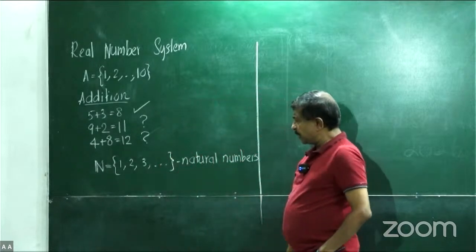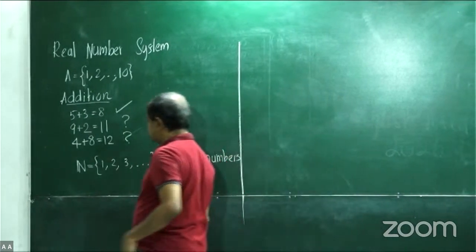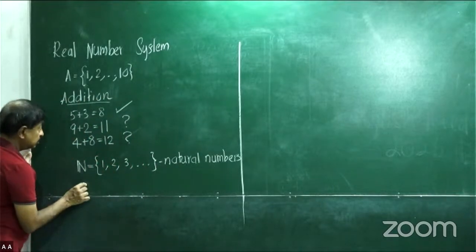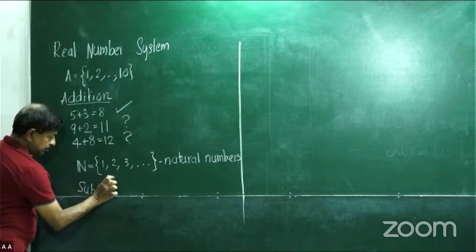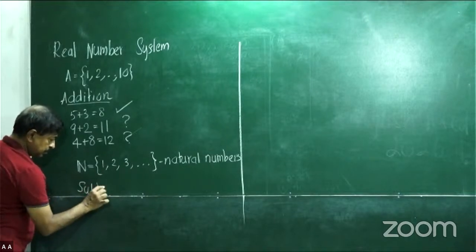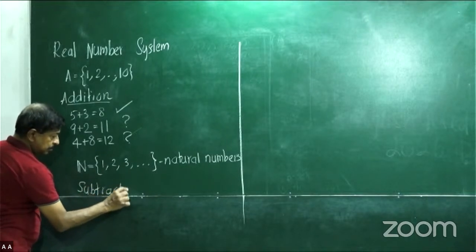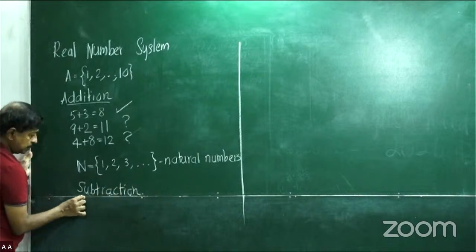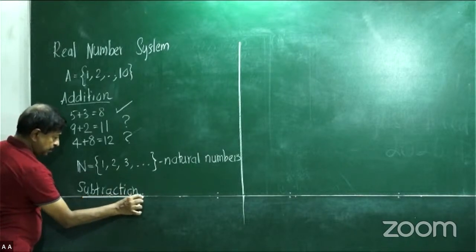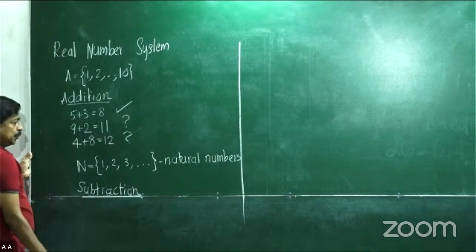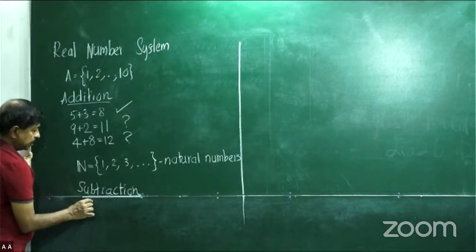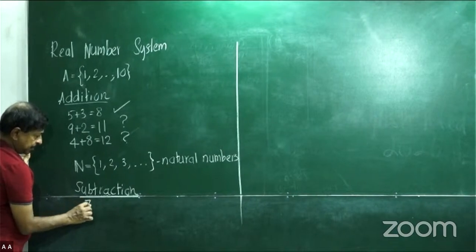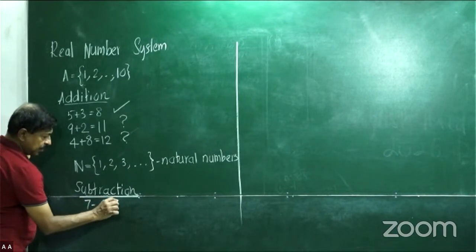Now, when we use subtraction, you can choose numbers from this set, like 7 minus 4, which is 3.